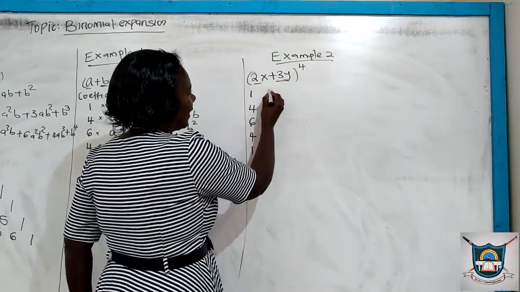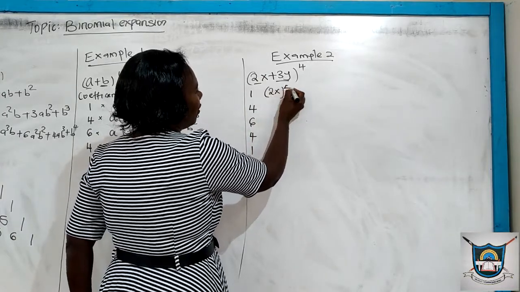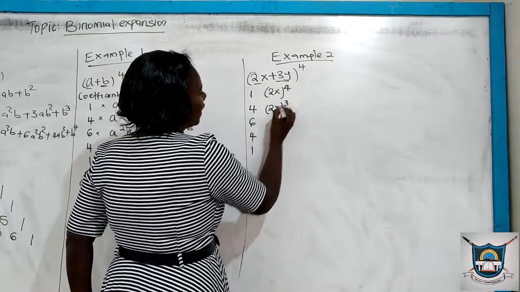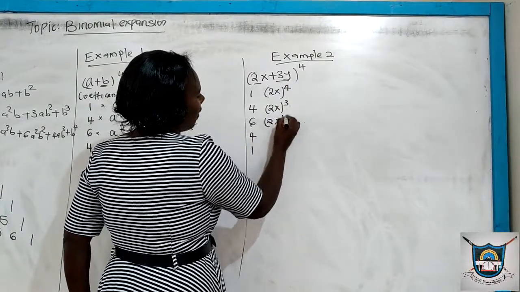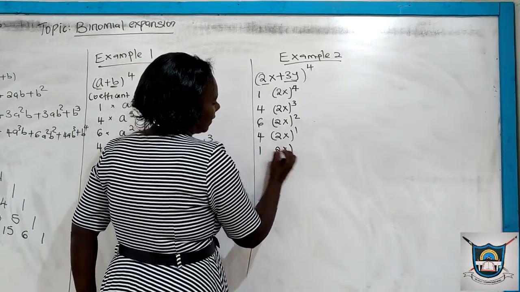From the previous lesson we talked about that. (2x) to power 4, that is our highest power, (2x) to power 3, (2x) to power 2, (2x) power 1, and (2x) power 0.